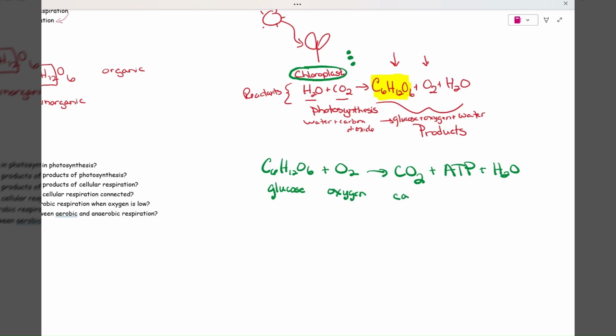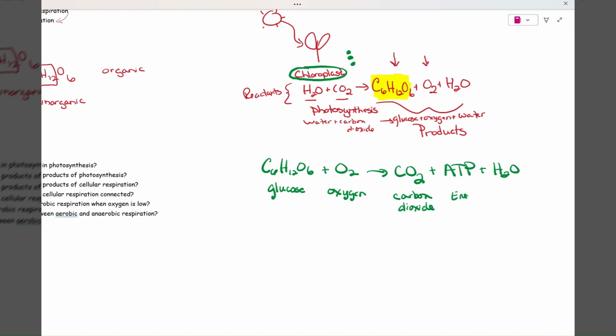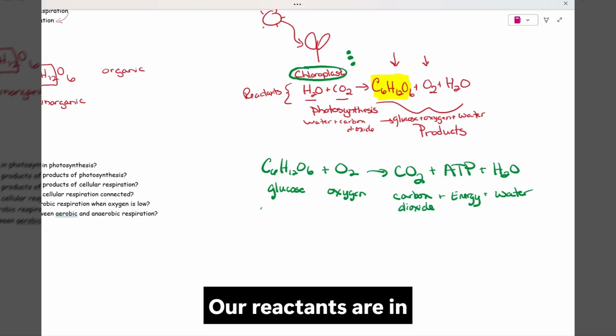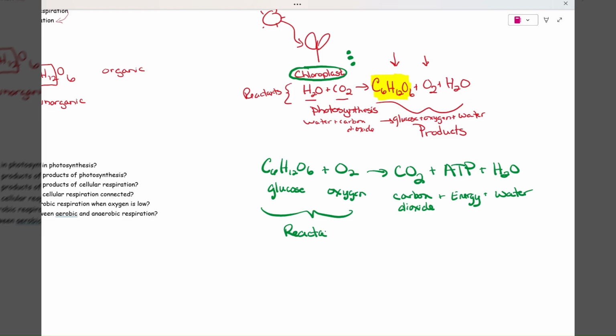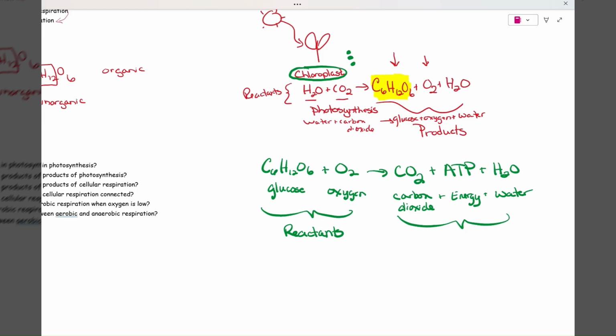So carbon dioxide, ATP, which is an energy molecule. I'm going to go ahead and label this energy, and water. Our reactants are on this side of the equation, and the arrow points to the products.